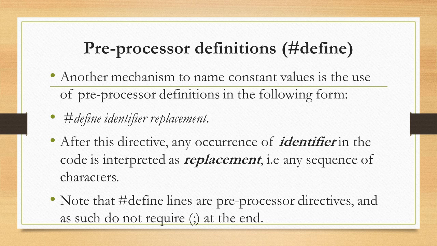Hash sign is fixed, must be there, define must be there, then the name of the identifier, then of course the replacement will follow. After this directive, any occurrence of an identifier in the code is interpreted as the replacement. That is any sequence of characters. Note that the hash define lines are preprocessor directives and as such do not require a semicolon at the end.